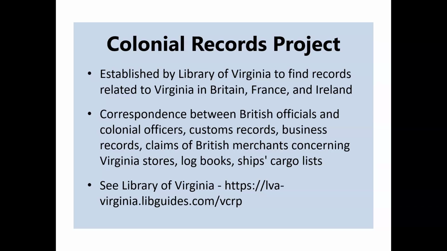It includes things like correspondence between British officials and the colonial officers, customs records, business records, claims for British merchants concerning their Virginia stores. There may be logbooks, ship cargo lists, etc. What's great about this is that some of the records that got destroyed in Virginia over the periods of time may have some kind of auxiliary version back in one of these countries.